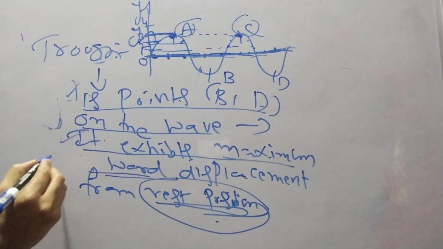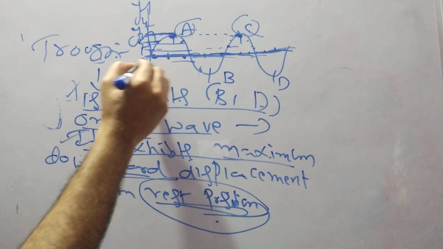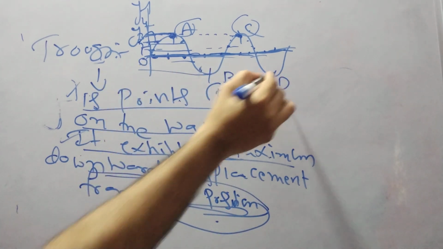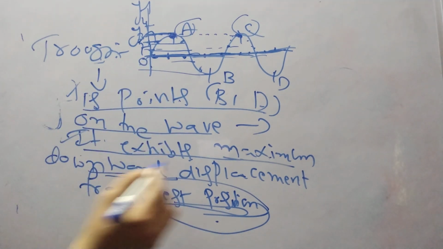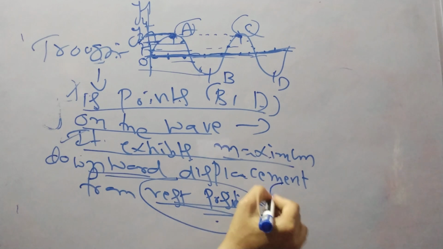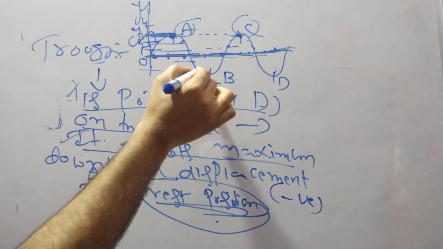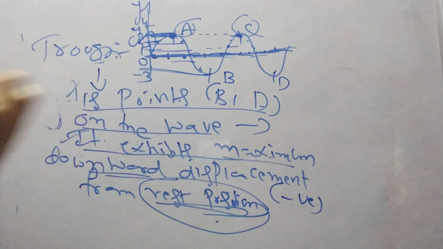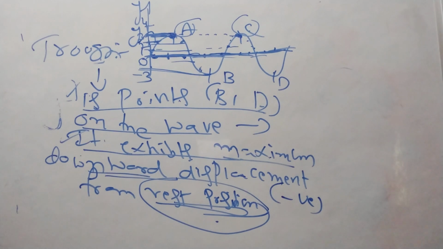Downward is also a maximum. If you take this one, this is a maximum, right? So a trough is the maximum displacement, but the values are negative. For a crest the maximum value is positive 3, here you will get a value of minus 3. So from the rest position, that is known as a trough.